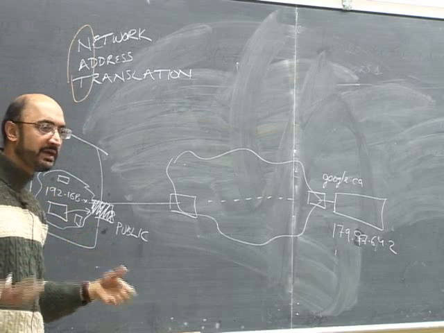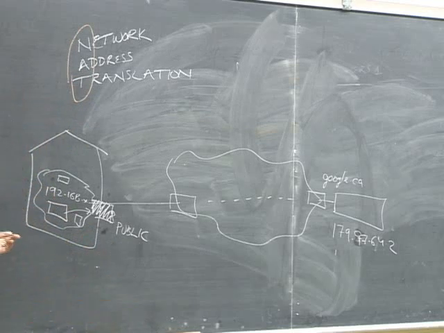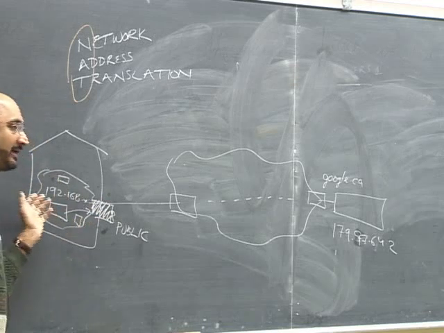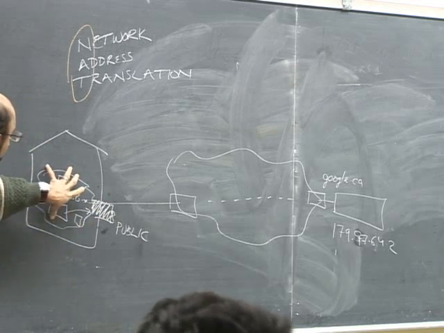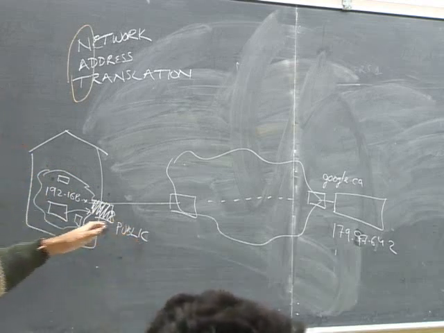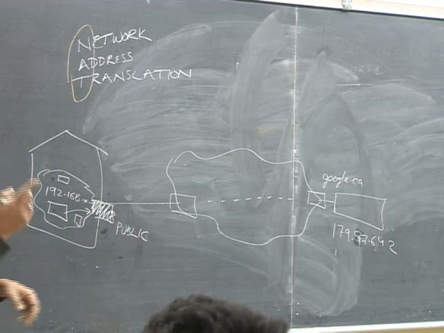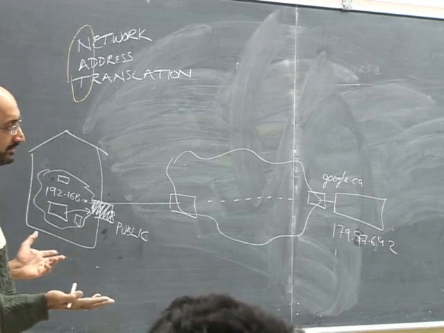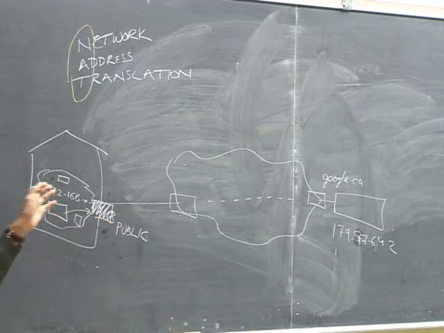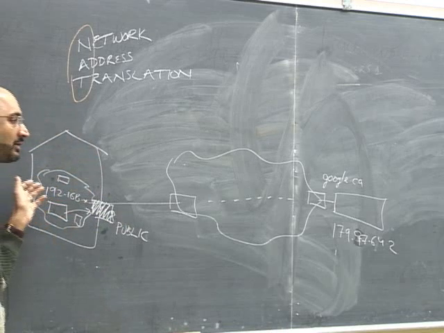It's helpful for many, many reasons. One reason is that we can have this notion of private addresses, right? So you can have lots of addresses over here, but they only have one public address. So remember, these public addresses have run out. So we don't care. We just need one address that's relatively easy to get. So we can share the public address with a lot of private addresses, and so that expands the total available space.